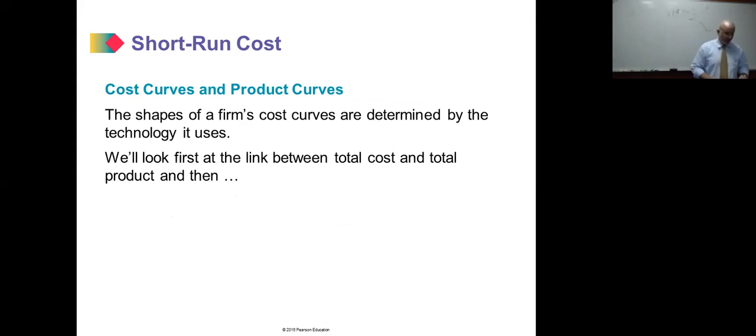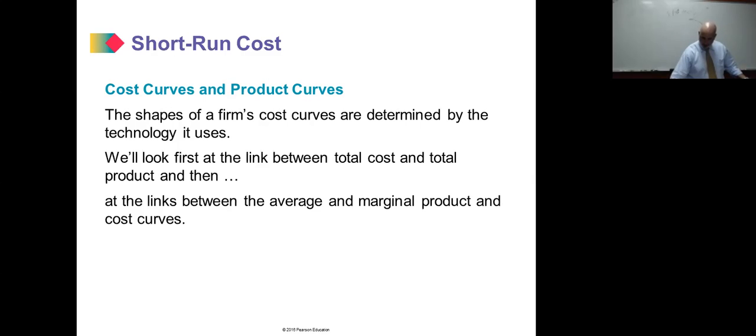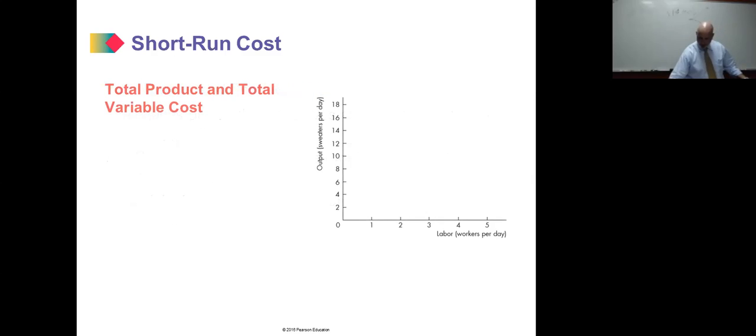The shape of a firm's cost curves is determined by the technology it uses. Look at the link between total cost and total product, and the links between average and marginal product and cost curves. Now, how are these going to compare?